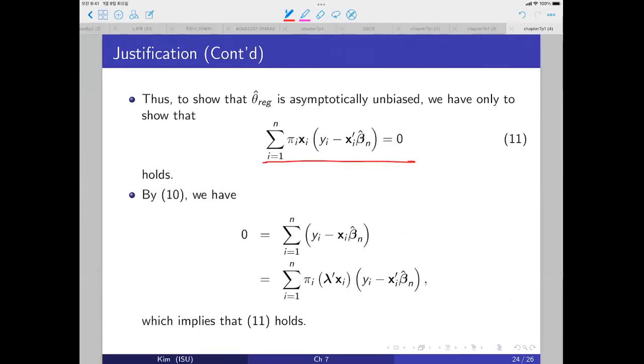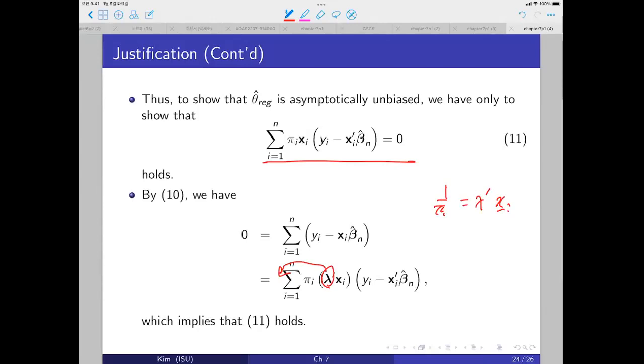So if you can write it this way, this is the assumption: pi I inverse is lambda prime x I. Under that assumption, we can write it this way, and lambda can go outside.